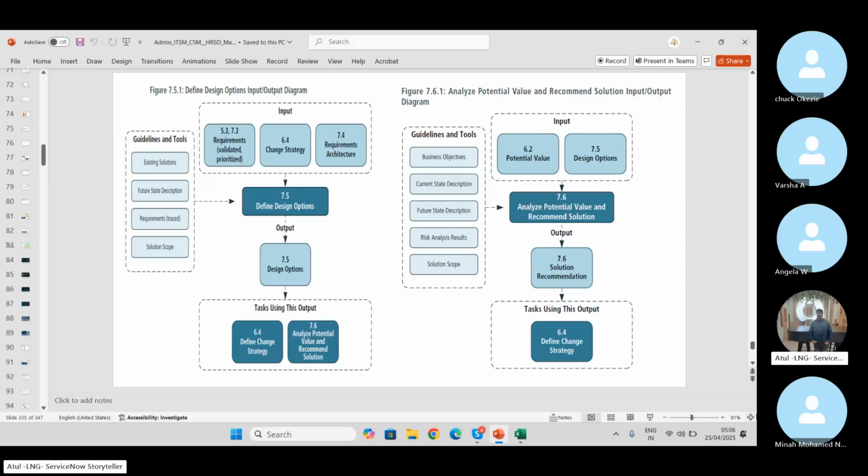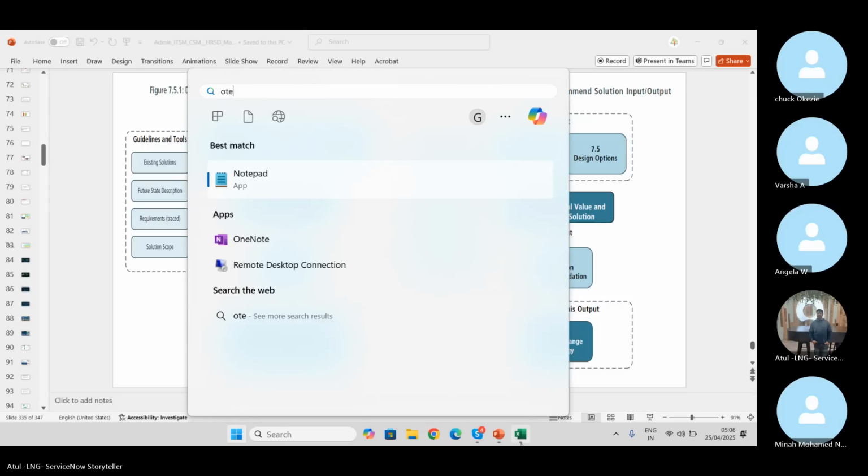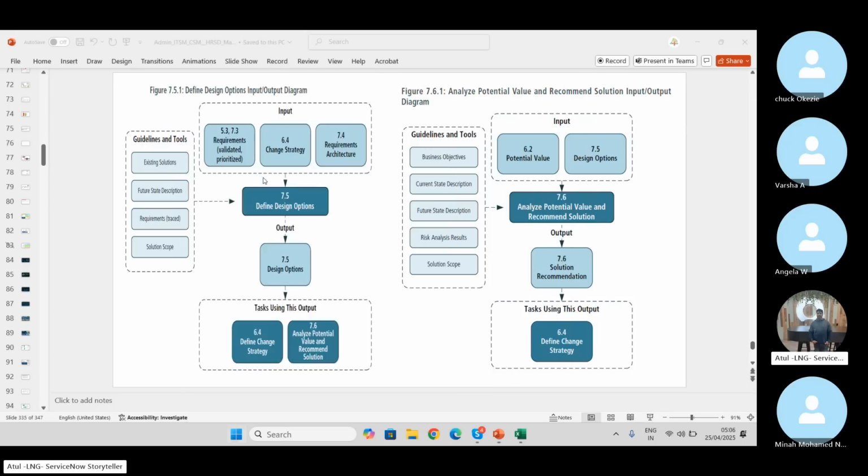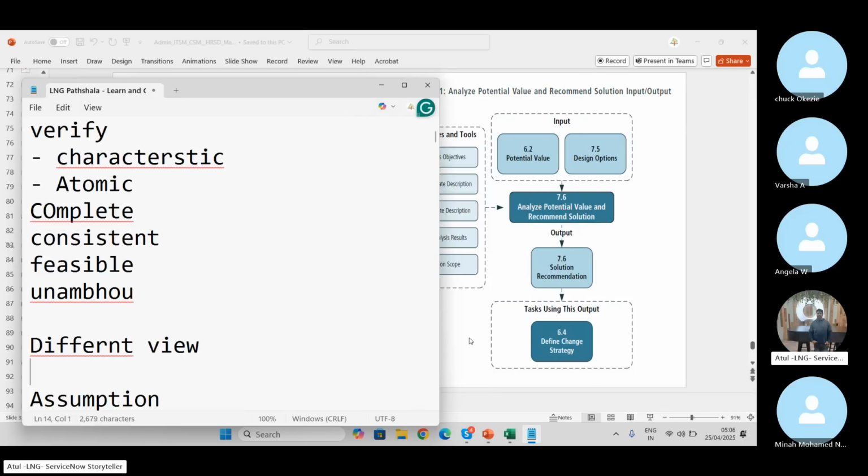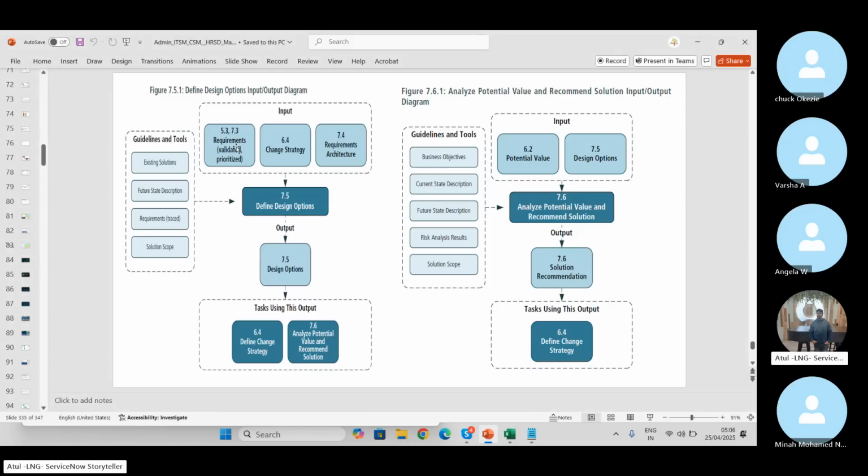There are three inputs. Number one, requirements, which are validated and prioritized. Your change strategy, which we discussed previously, and your requirement architecture, how the requirements are interrelated with each other.